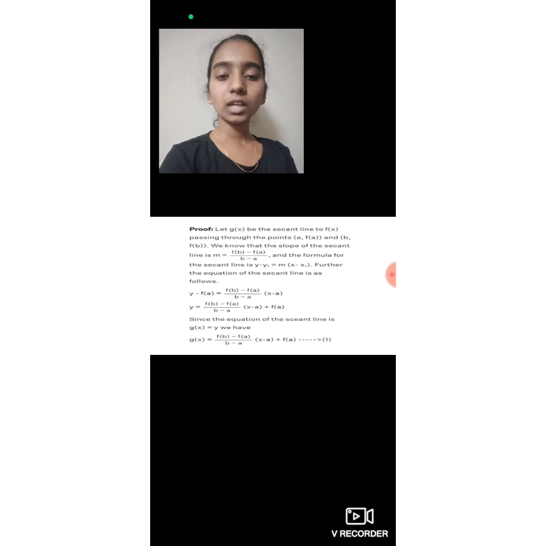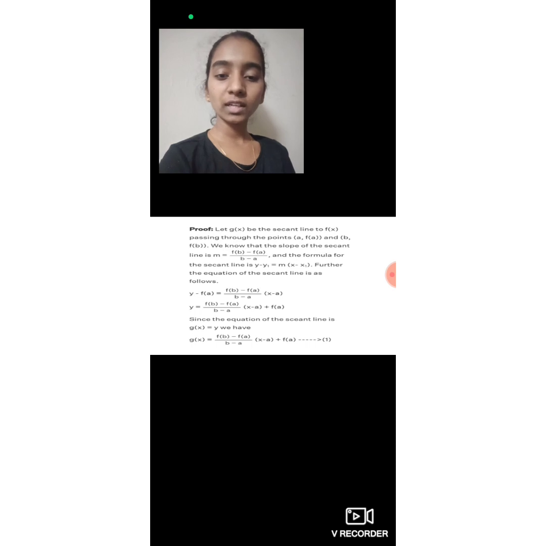Proof. Let g(x) be the secant line to f(x) passing through the points (a, f(a)) and (b, f(b)). We know that the slope of the secant line is m = (f(b) - f(a)) / (b - a), and the formula for the line is y - y1 = m(x - x1).